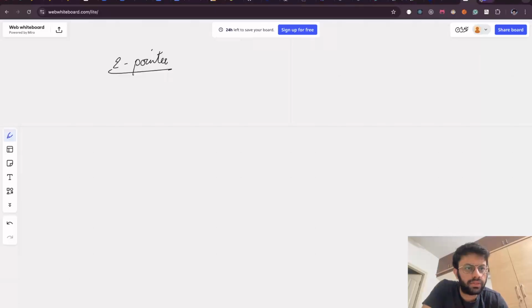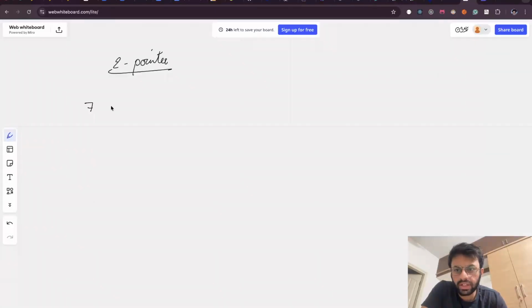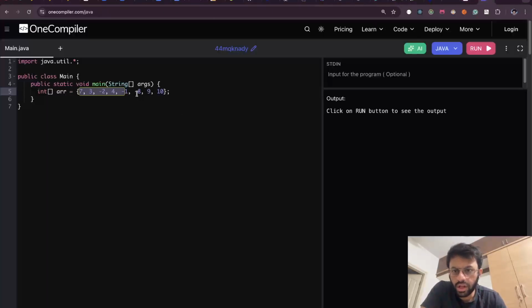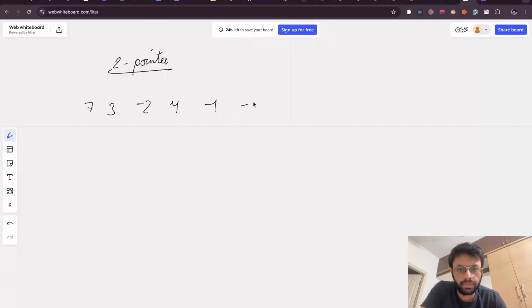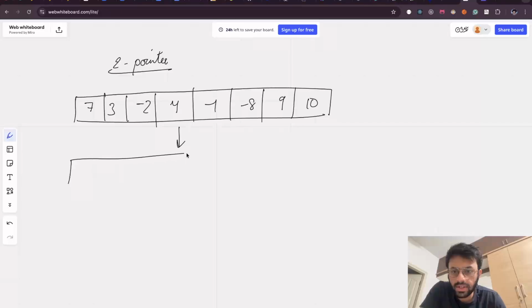For example, we have this array: 7, 3, minus 2, 4, minus 1, minus 8, 9, 10. This is one array that I have. Now my question says that I have to convert this array in such a way that all the negative elements are on the left and all the positive elements are on the right.